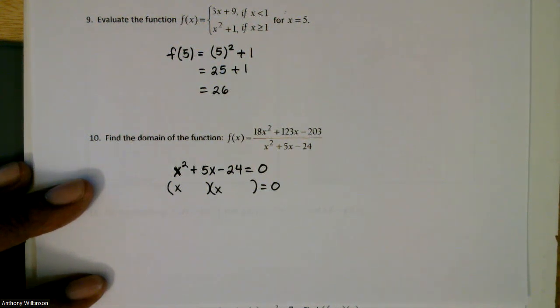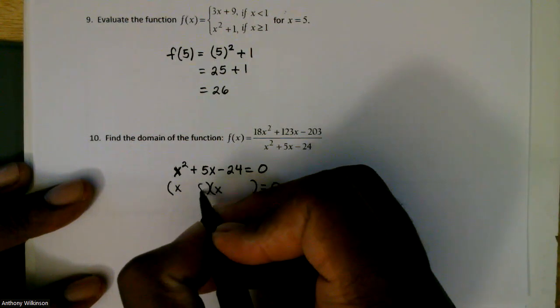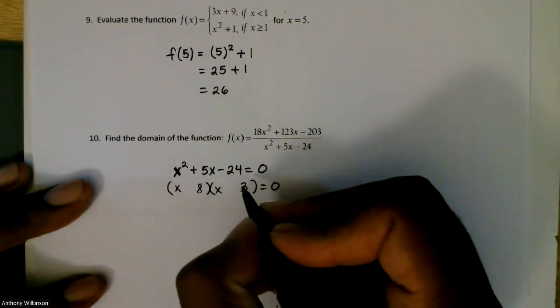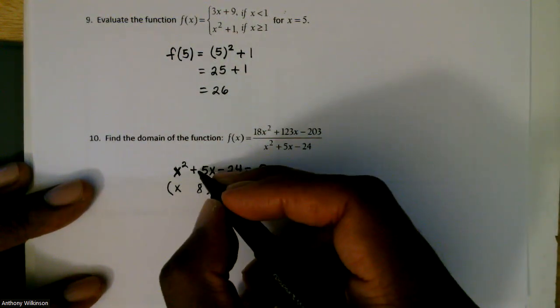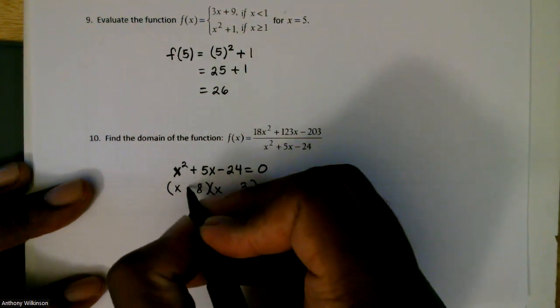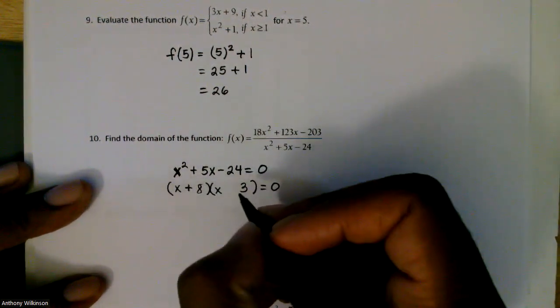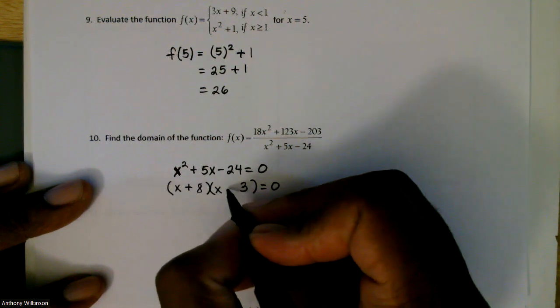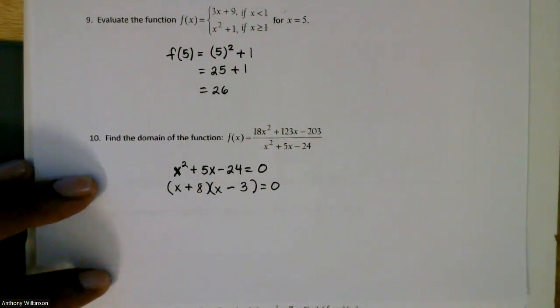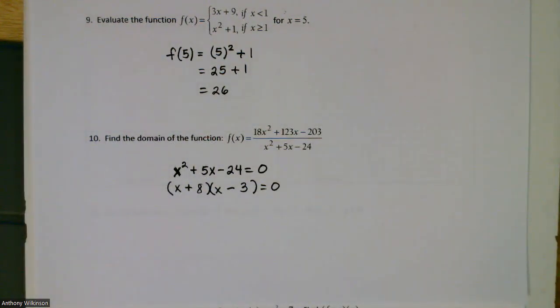Now I need to find out what factors of -24 would give me a positive 5x as a middle term. Well, I know 8 times 3 gives me 24. But here, the middle term is a plus, so the larger of the two has to take the sign of that middle term. So that 8 has to be plus, the 3 must be minus. So we got x plus 8 times x minus 3 is equal to 0.